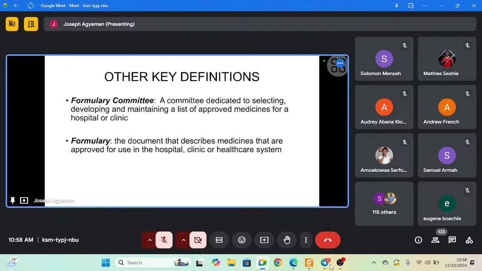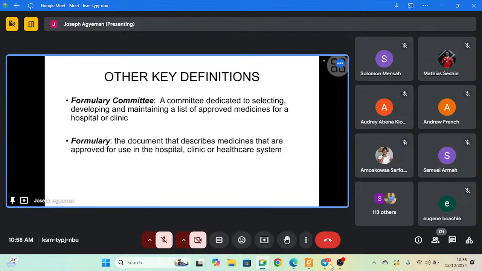And anything related to drug use, positives, negatives, education when it comes to drug use, they are in charge of it. So when we say formulary, we are talking about a document that describes medicines approved for use in a hospital, a clinic, or a healthcare system. Others will even term the DTC a formulary committee, but that is just part of what they do. It is a committee dedicated to selecting, developing, and maintaining a list of approved medicines for a hospital or clinic.